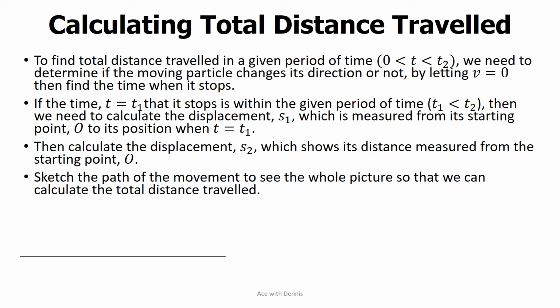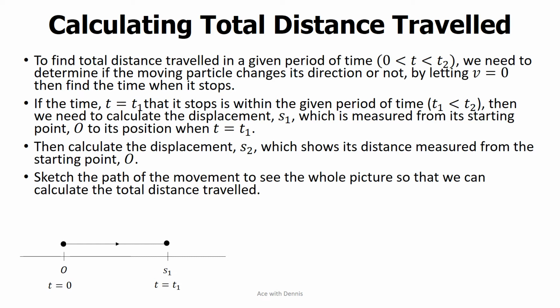Here is an example. Let's say this is the reference point, point O. At time equals 0, the moving object is at this point, and it starts to move in this direction until it reaches this point with the displacement S1 at the time t equals t1.